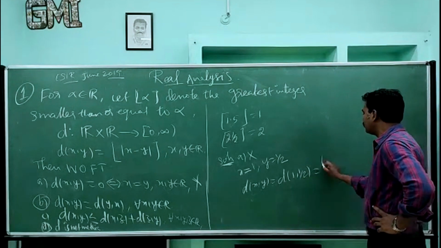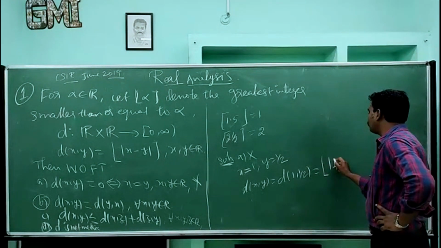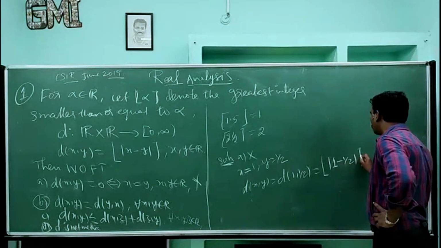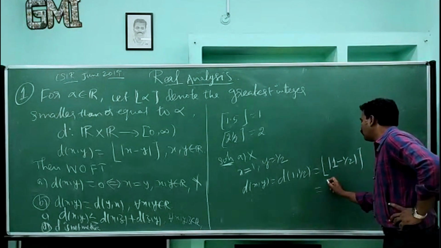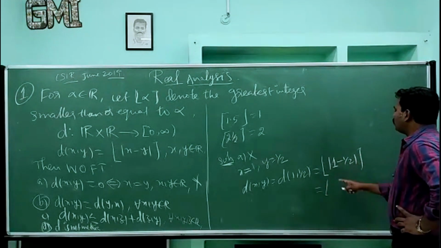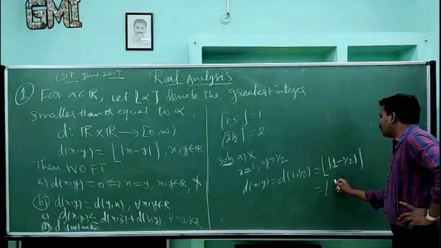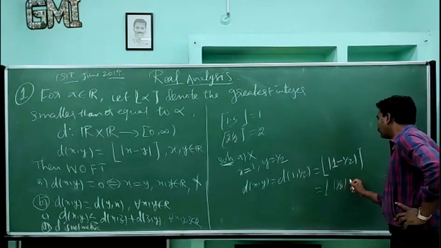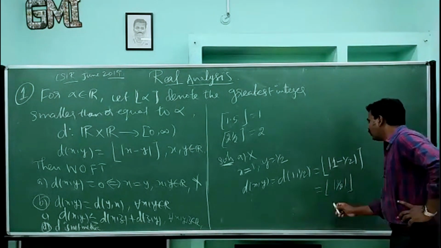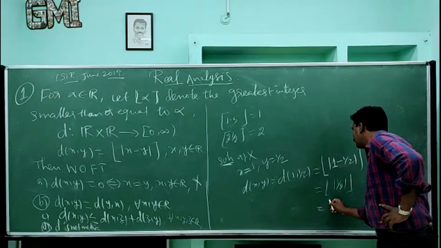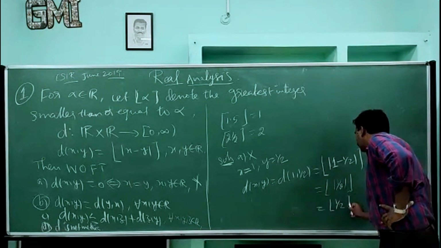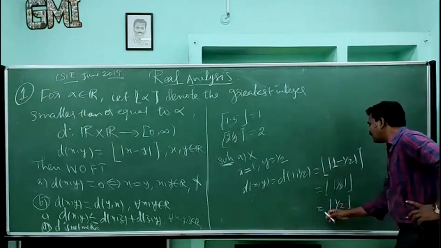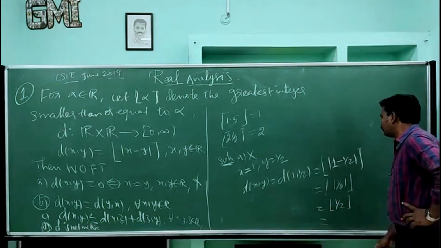What is the meaning of this? It is the greatest integer of mod of 1 minus 1/2, which is mod of 1/2. Is it correct? Modulus of 1/2 means just 1/2. So what is the greatest integer of mod of 1/2?